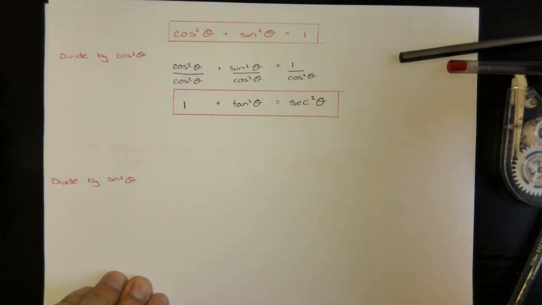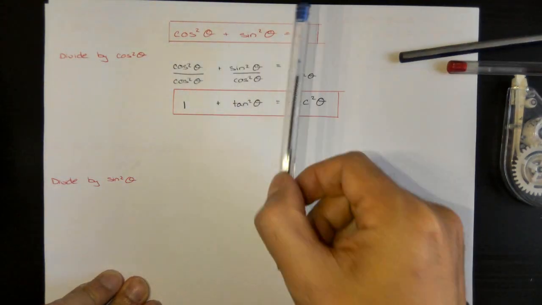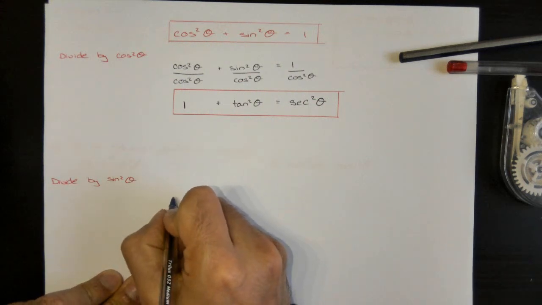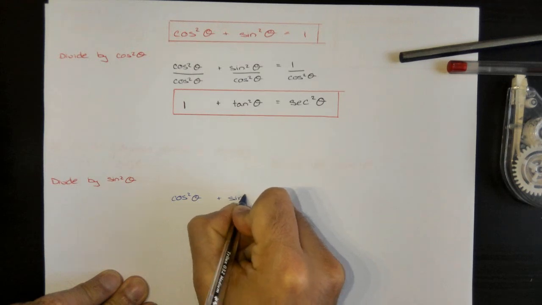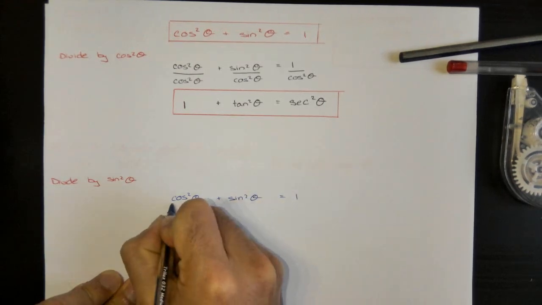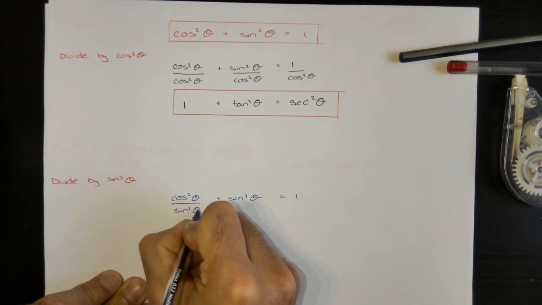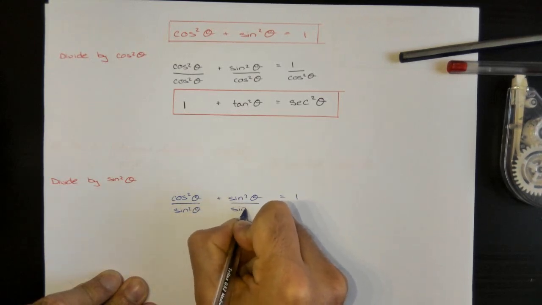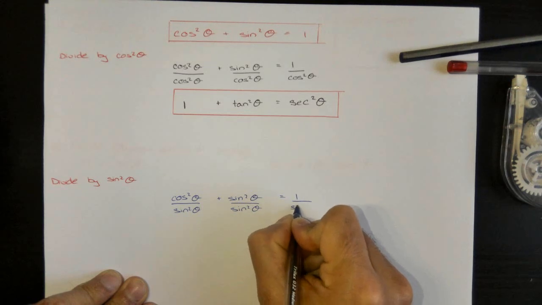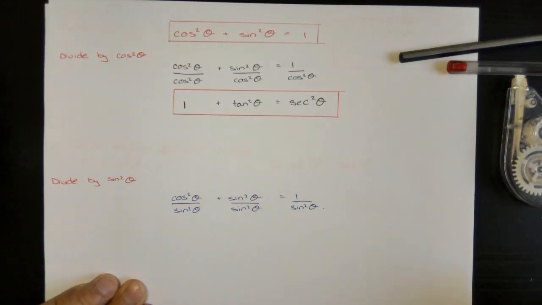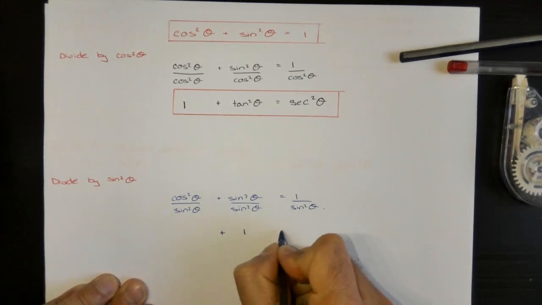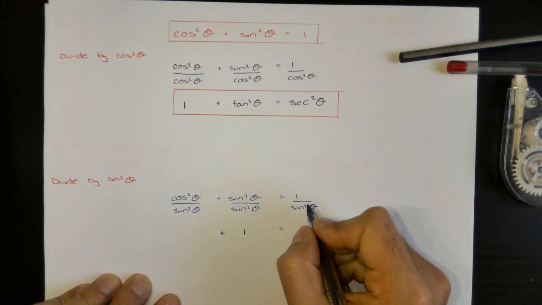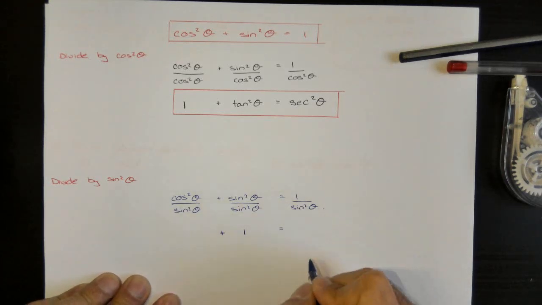So what happens when we divide that by sine squared? Well, sine squared over sine squared is just going to be 1. The reciprocal of sine squared is cosec.